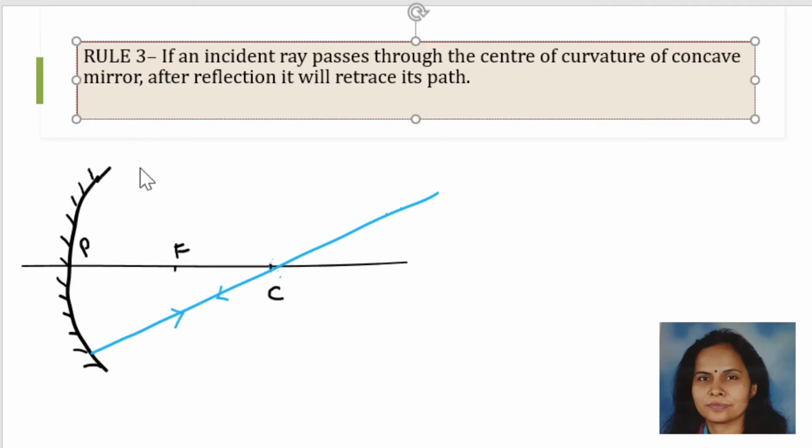If an incident ray passes through center of curvature of concave mirror, after reflection it will retrace its path. So this is the rule third.